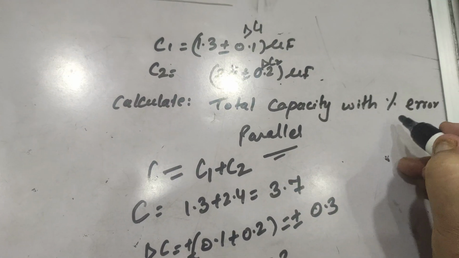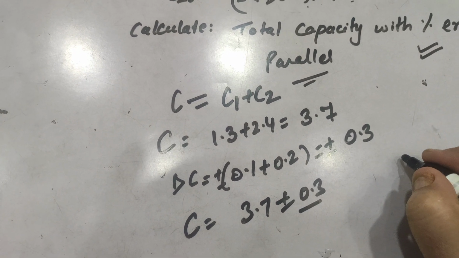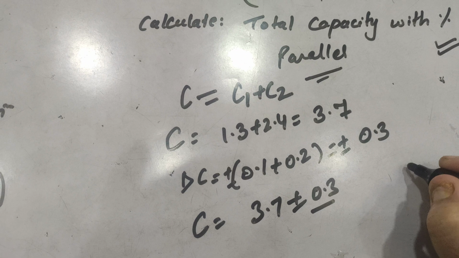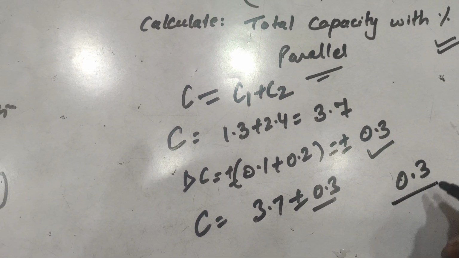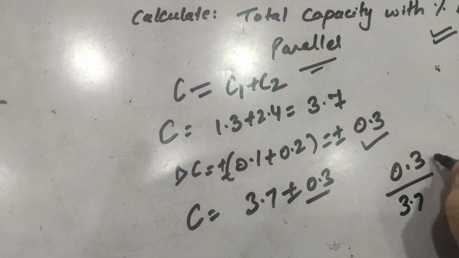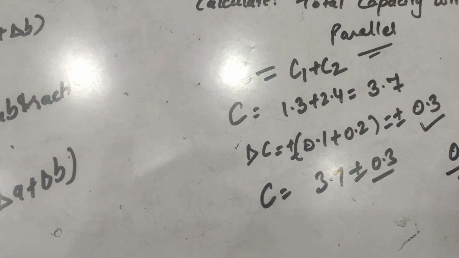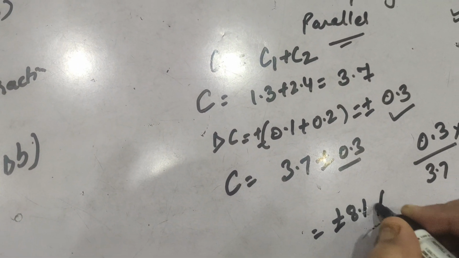Now we have to write with respect to percentage error. Percentage error can be calculated by the formula, as we recapitulate it, given by mean absolute error upon the mean value. Now the absolute error is 0.3. So the percentage error can be found as 0.3 divided by 3.7 into 100%. Calculating this value, we get plus minus 8.1%.